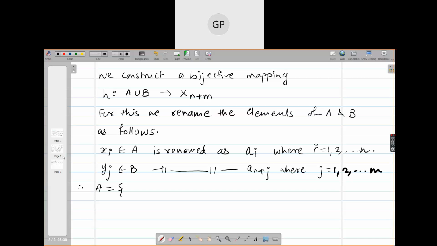We are renaming these elements. What will the elements of set A be? A1, A2, right? What am I calling every xi? What am I calling x1? It becomes A1, right?